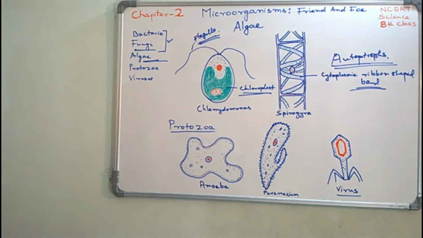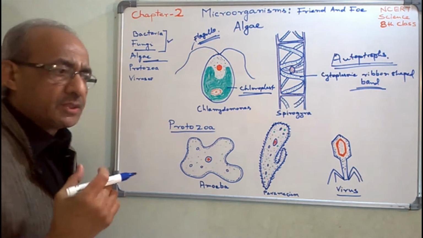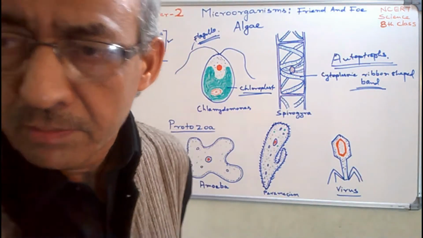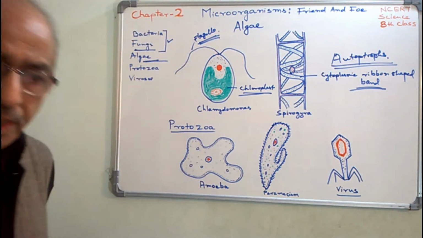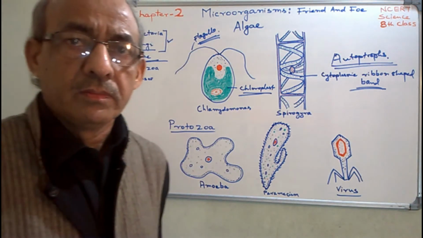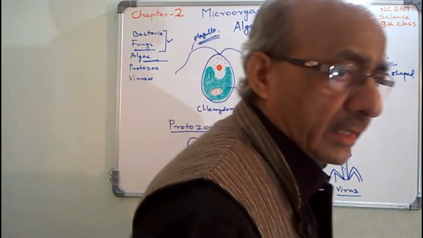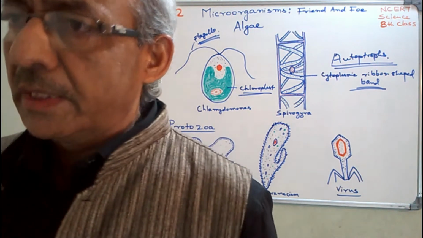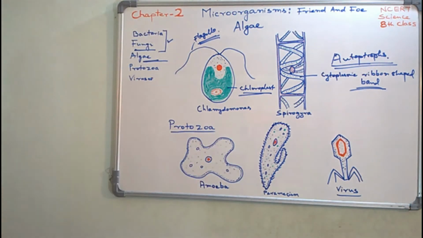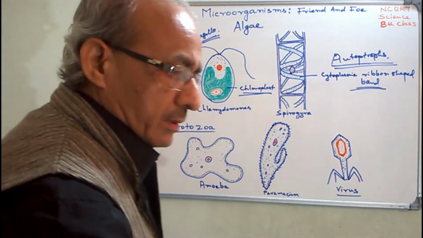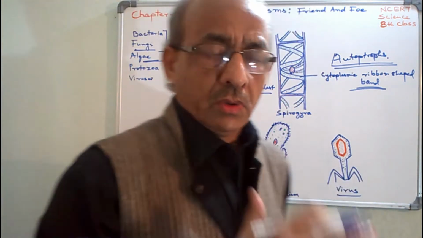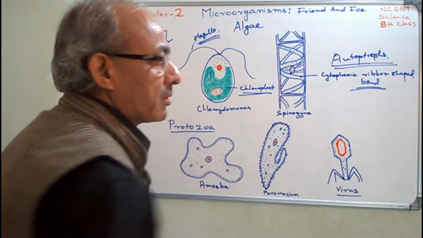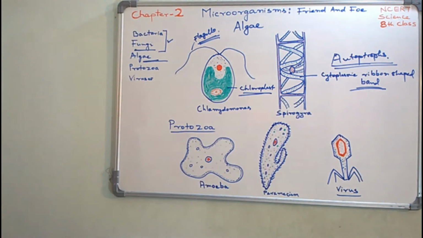Certainly you have seen in certain ponds and ditches, certain green layers floating on the water. Those layers on the water, particularly in stagnant water like pond water and ditch water, are formed due to the presence of Spirogyra in great number.